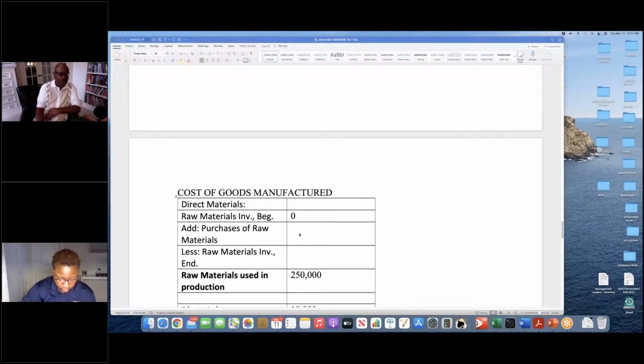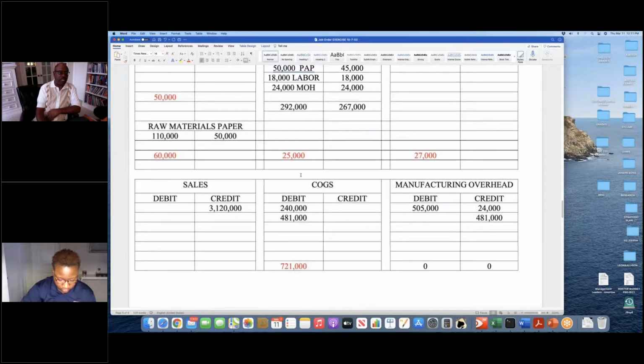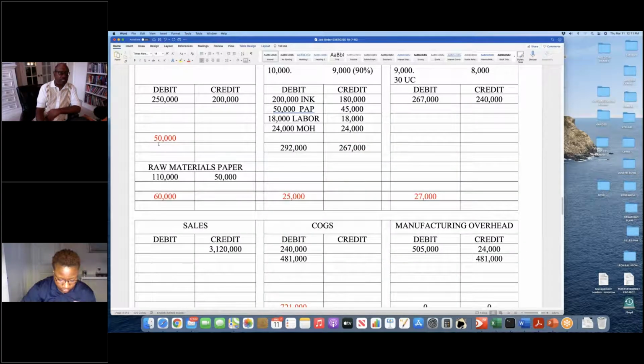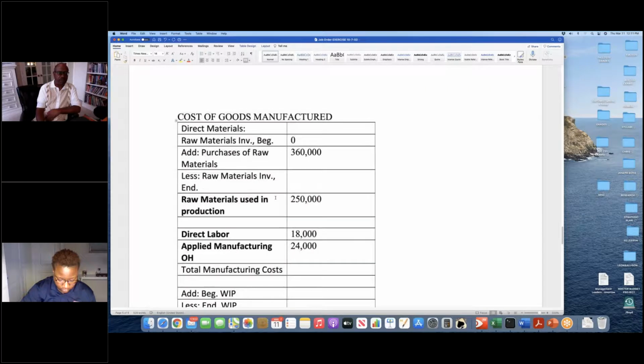What's our ending inventory? 50 and 60, 110. So that's the 250. We purchased 360. We had 110 left in the account.